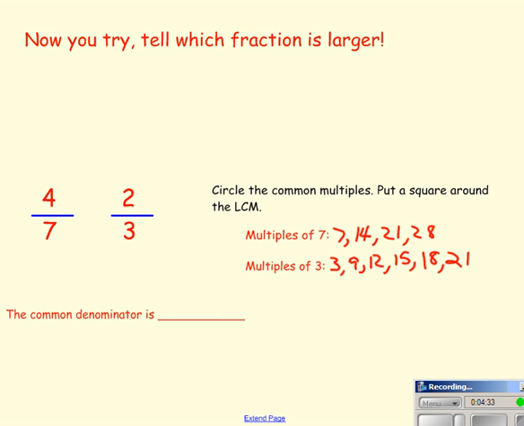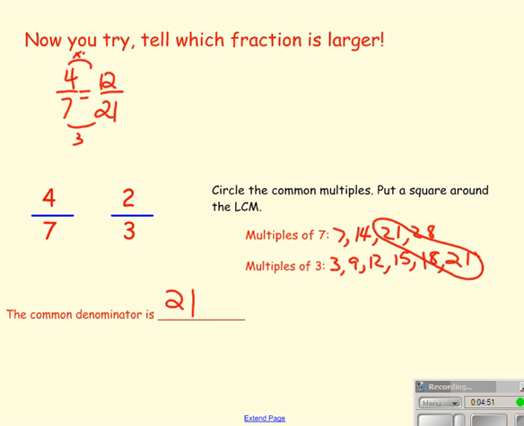Okay, so you would have started by finding the multiples of 7 and the multiples of 3. We can see that 21 is a common multiple, so I know our common denominator has to be 21. 4/7 equals something over 21, times by 3. I'm going to times by 3 here. So I have 12/21.